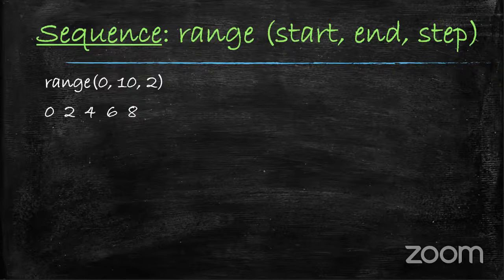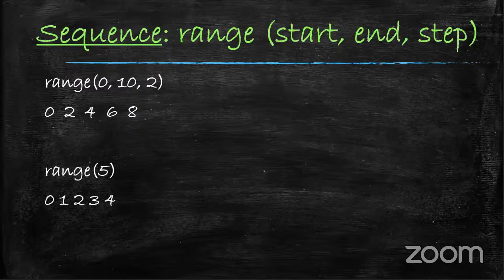But because 10 is the end, it is excluded. Okay, sir. I'll show you on the computer. Sir, if suppose I want this in the reverse order, then I should write 10, 0, minus 2, right? Let's see. We'll type it in the Python terminal.